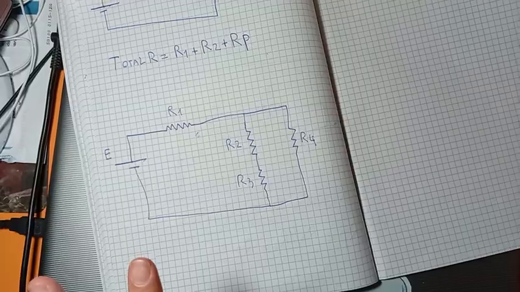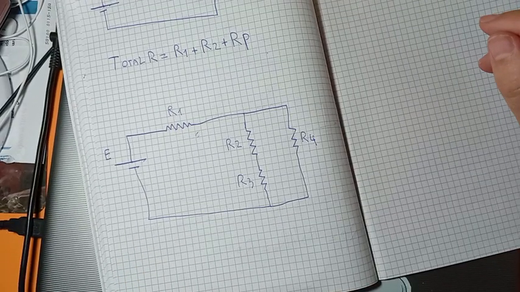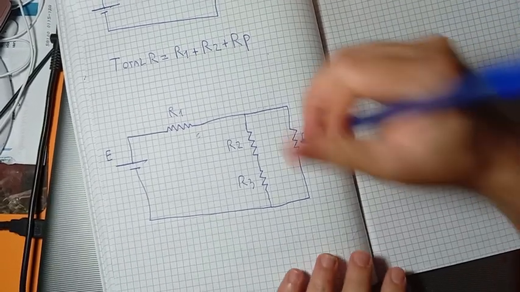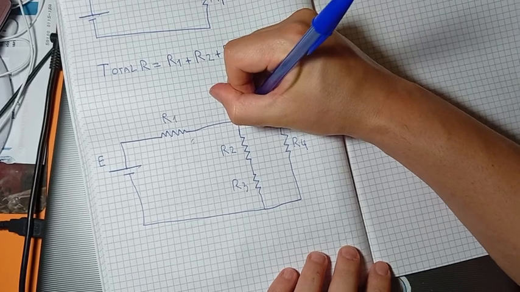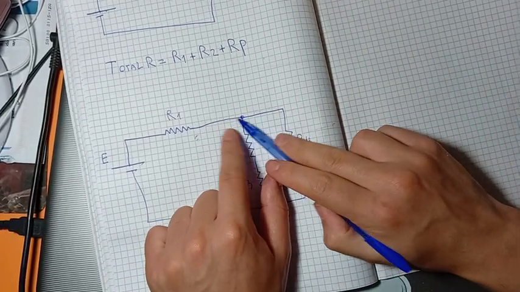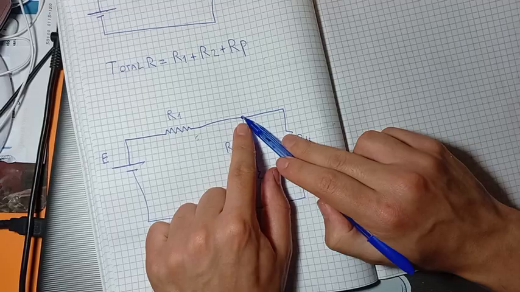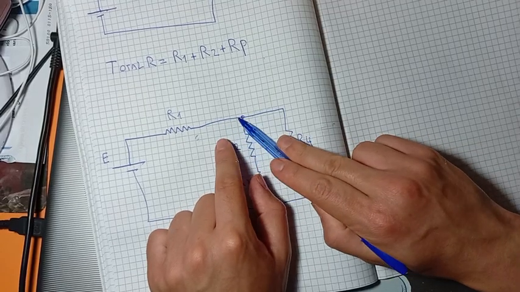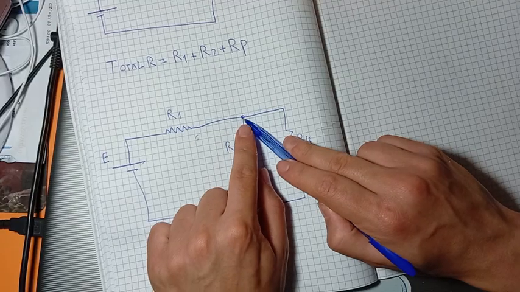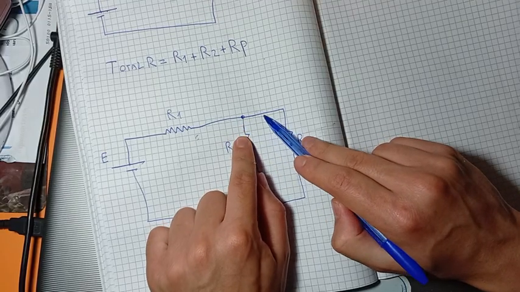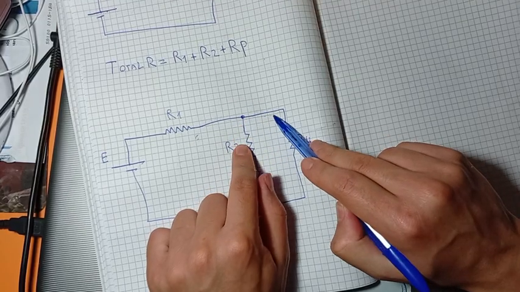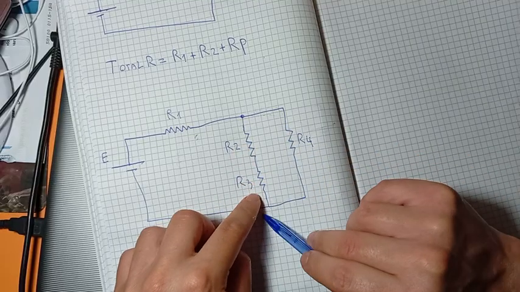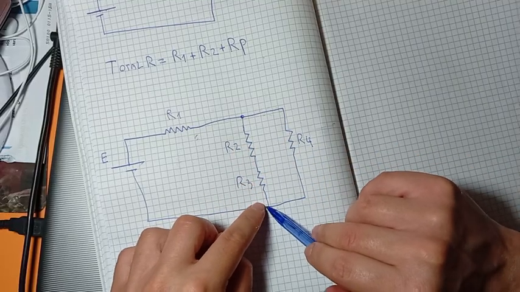Okay. How do I recognize when two or more branches are in parallel? Well, I just have to look at this. When they divide from a single point, it was one single branch, and they divide themselves from a single point. And then they unite again in another single point, okay?